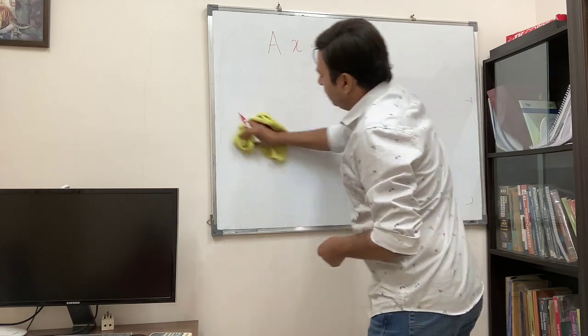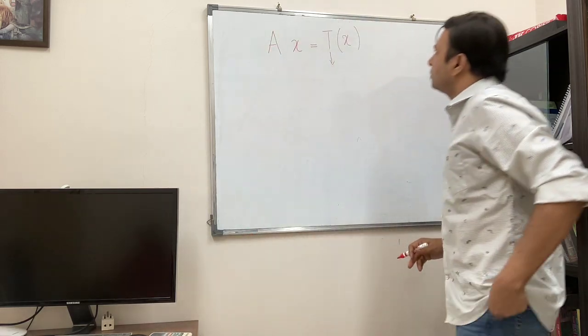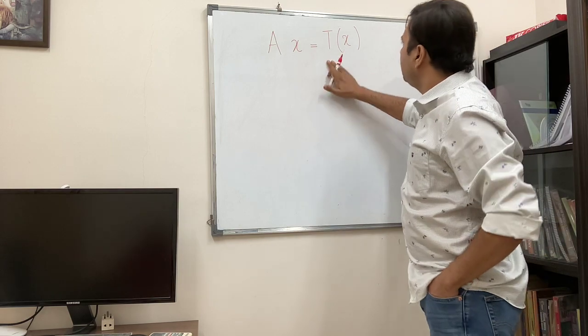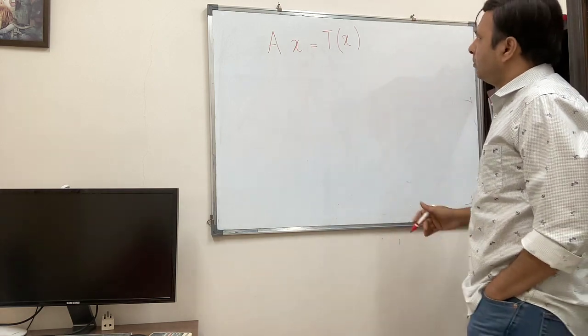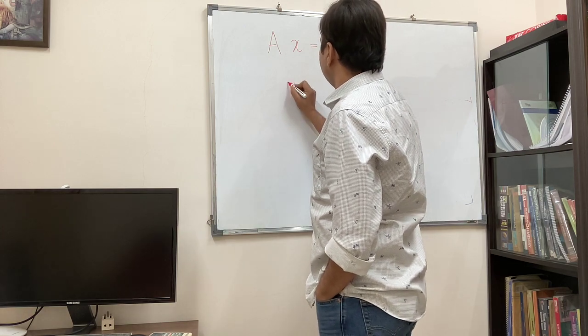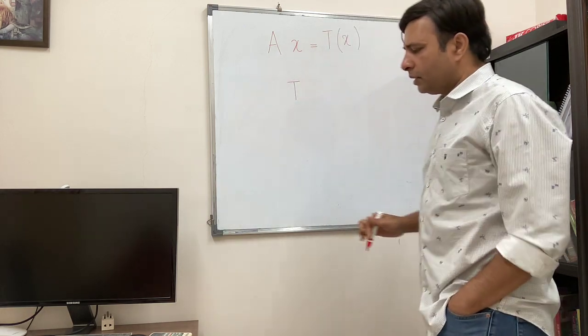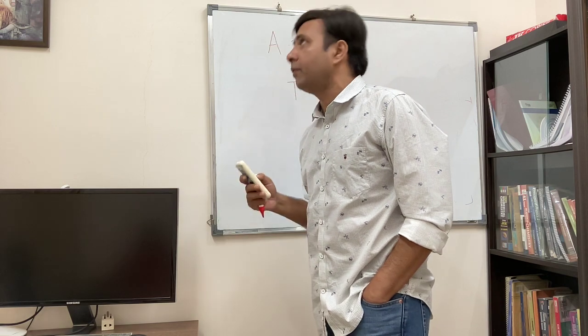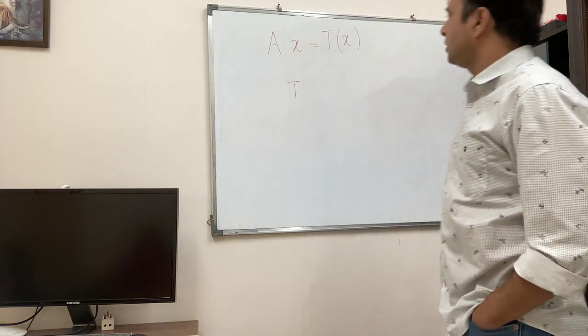So we'll see some other transformations also, some more involved as well. But before that, let's say there is a transformation T, any kind of transformation, not necessarily a transformation coming from matrix multiplication.